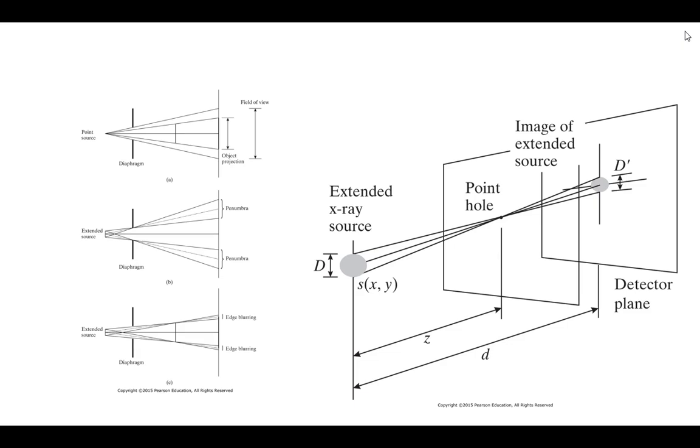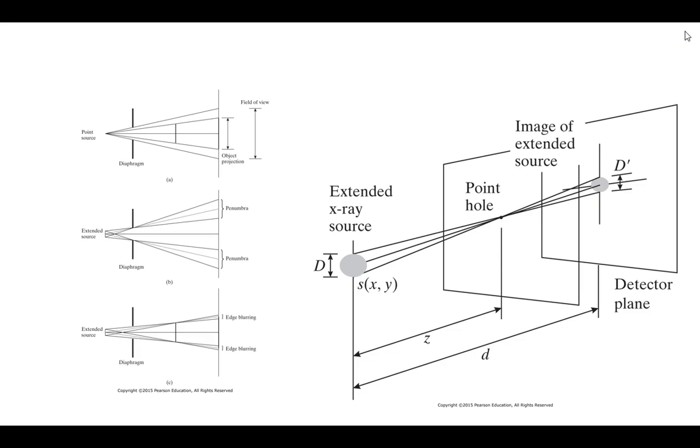Now the question is, what happens when you get to an extended source? A point becomes a line, because our sources are not actually points. Our source is usually a line, and then we try to truncate it with the diaphragm.